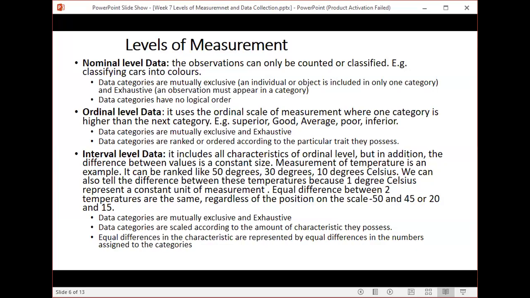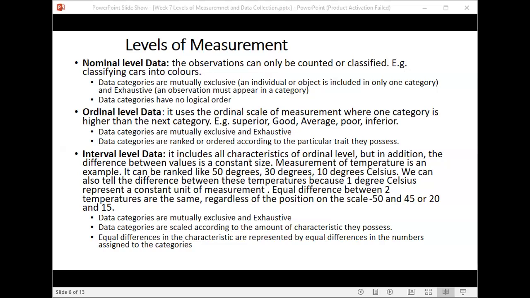So even though I'm counting and classifying, which is what the nominal level data was doing, I'm also giving some order in the way of the categories that I'm forming. That is what makes it superior to the first one, which has no order. So it's only the order in here that makes the second level of measurement higher on the scale than the nominal level data, which was the first one.